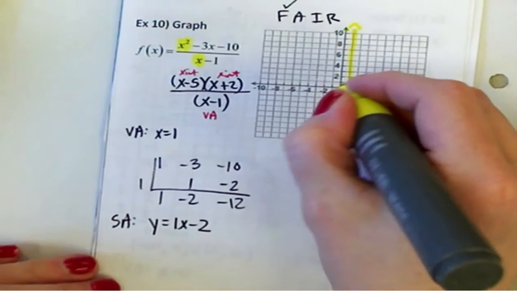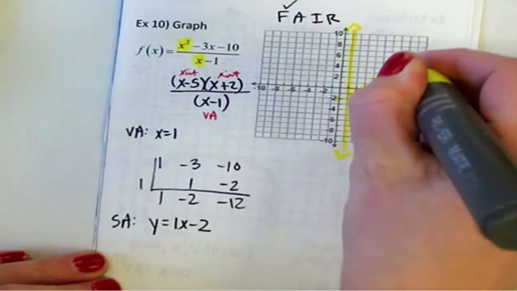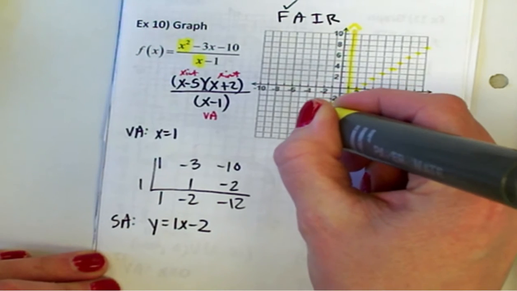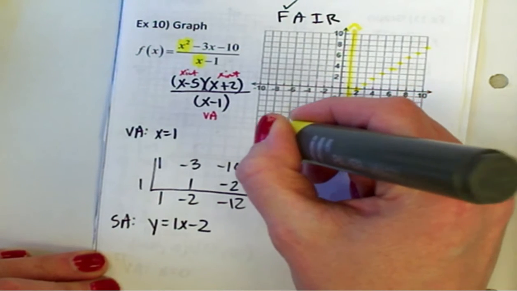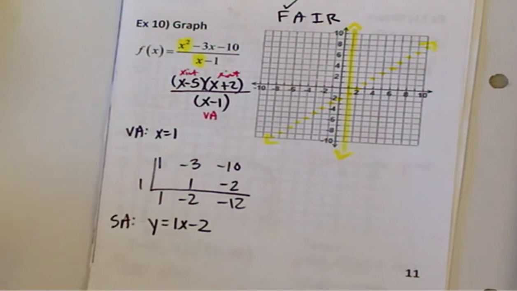Okay, so at -2 and a slope of 1. I might even just leave this one dotted. It's easier to see that way. Okay, there's my slant asymptote. I want to make sure I can see the points, so I'm going to leave it dotted. Asymptotes, check.